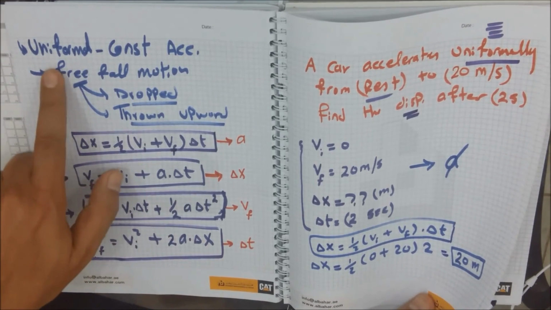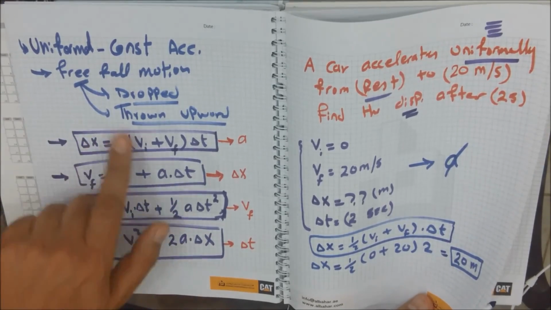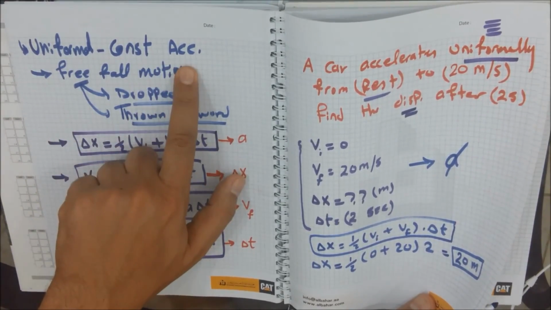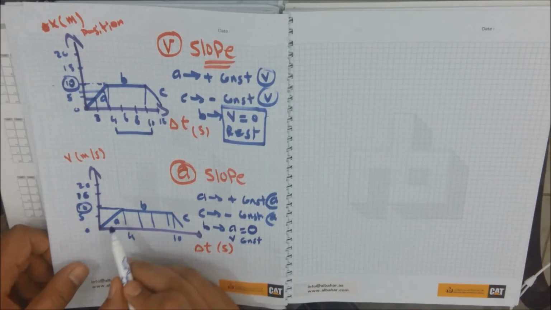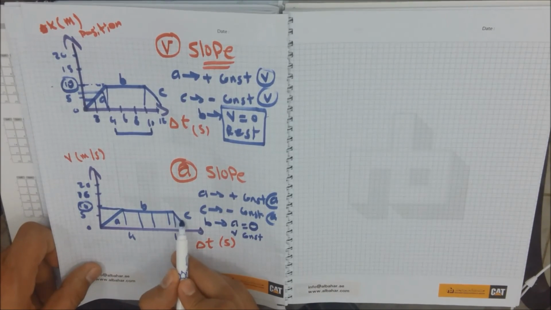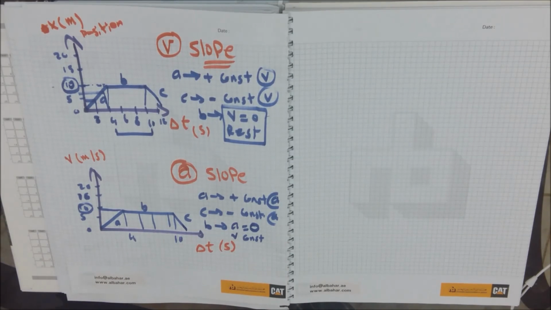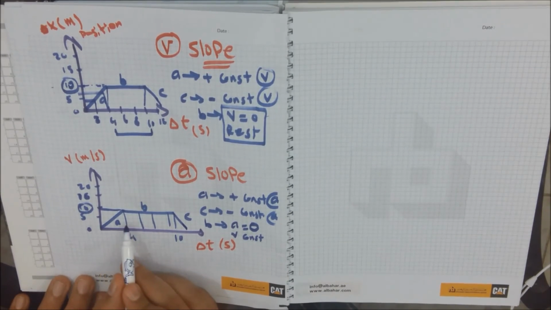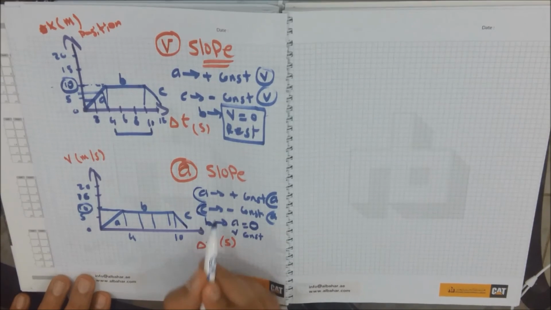Wonderful. If you looked here, you will find that we use those equations in uniform constant acceleration. And this area and this area are uniform acceleration, constant acceleration. So we use the four kinematic equations here in A and C.